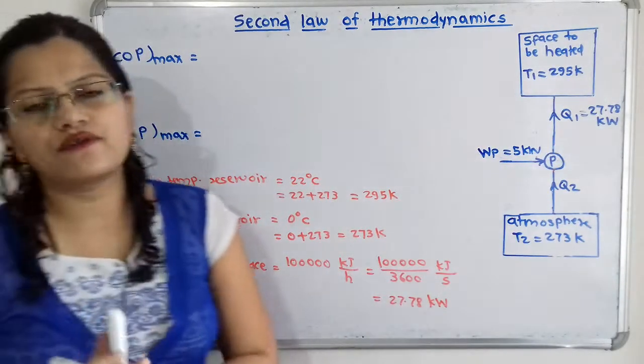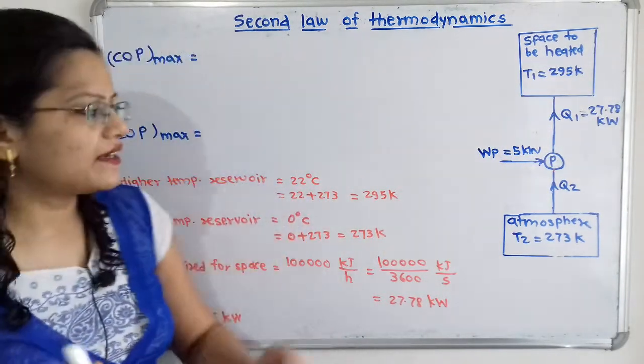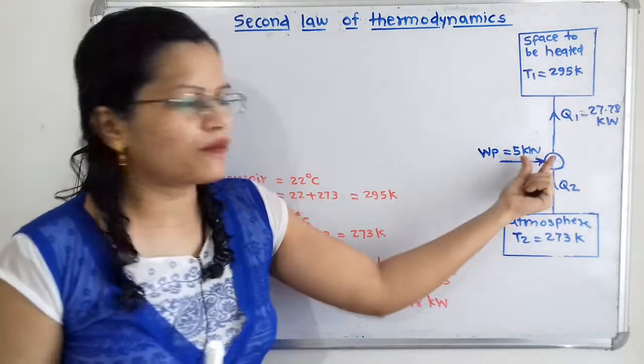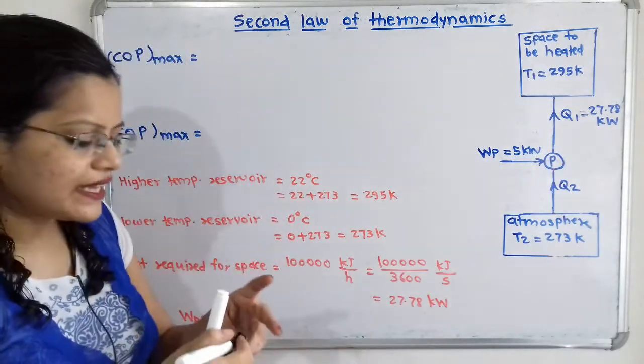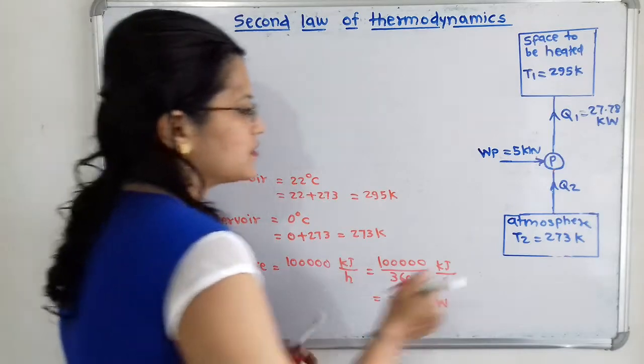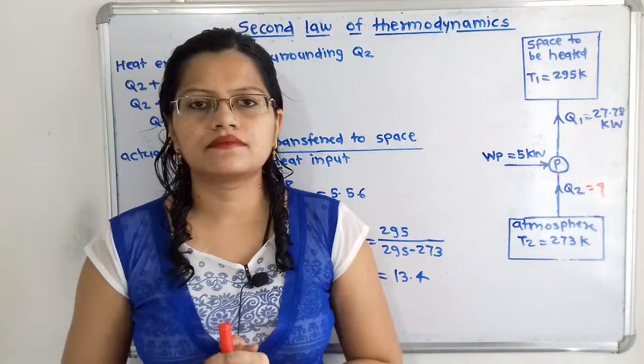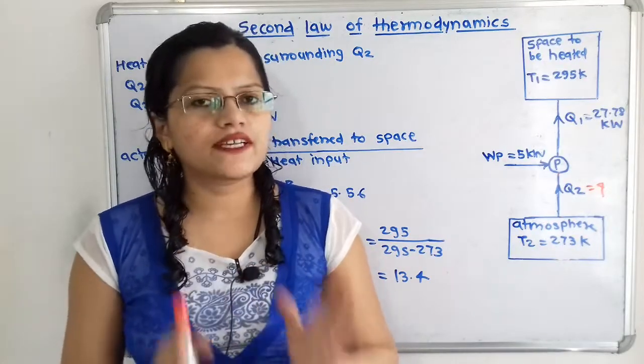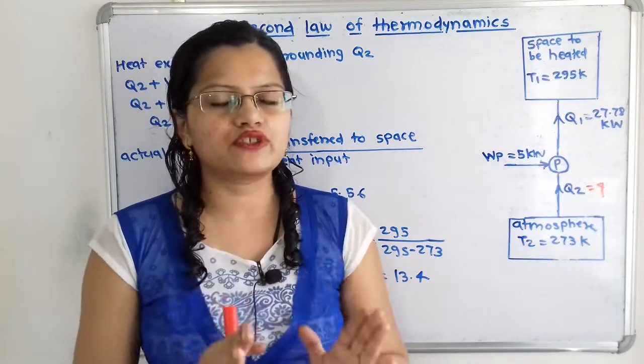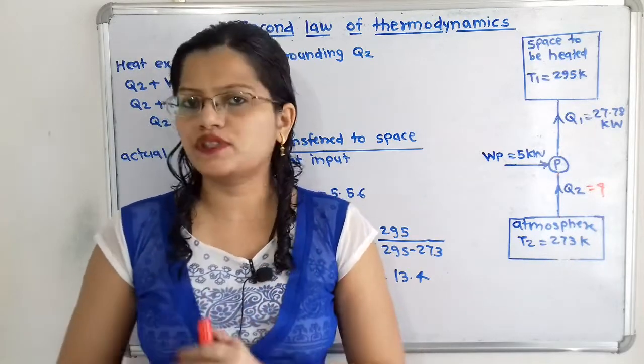Now what do we have to find out? We have to find the heat extracted from the surrounding or atmosphere. That means we have to find the value of Q2. Let us understand the difference between actual COP and maximum COP.